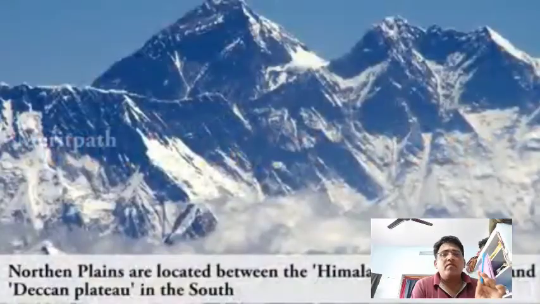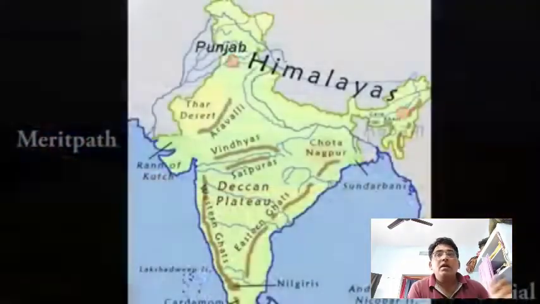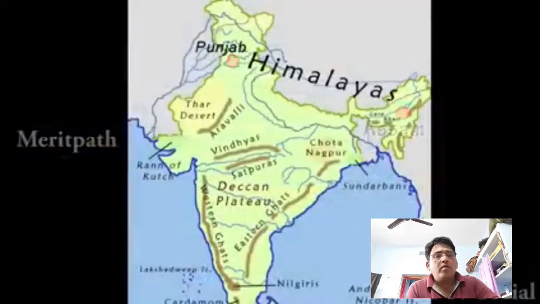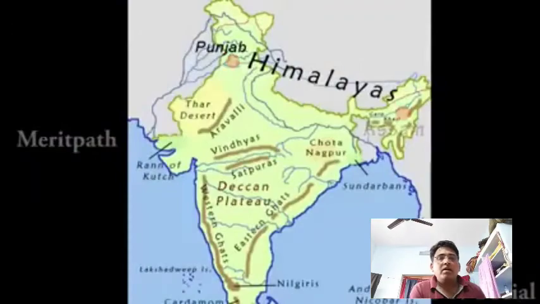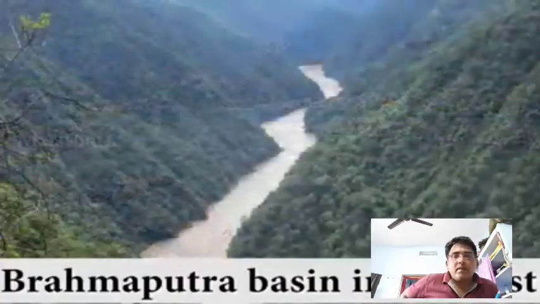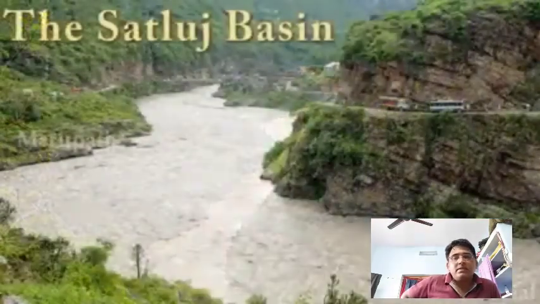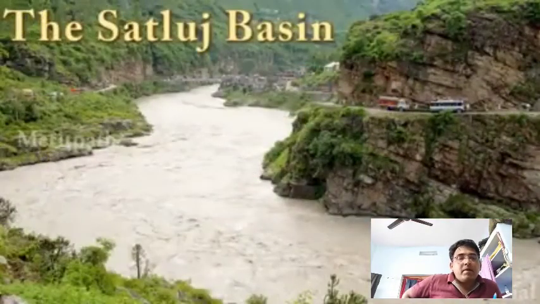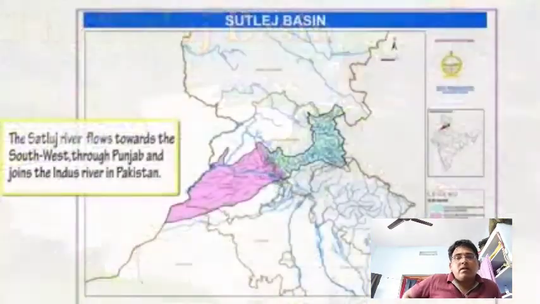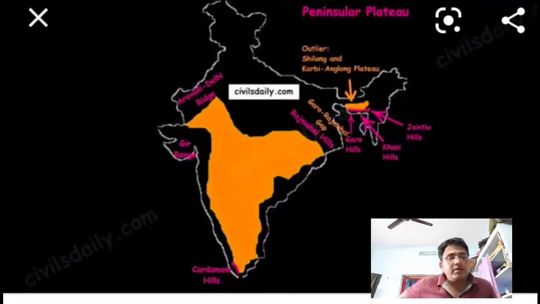The breaking off from the northern corner point of the peninsular plateau led to the formation of a large basin. In the course of time, this basin slowly got filled with sediments deposited by Himalayan rivers from the north and peninsular rivers from the south. The peninsular plateau is one of the most ancient landforms on the earth's surface.